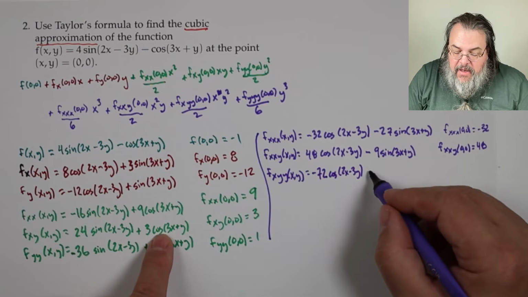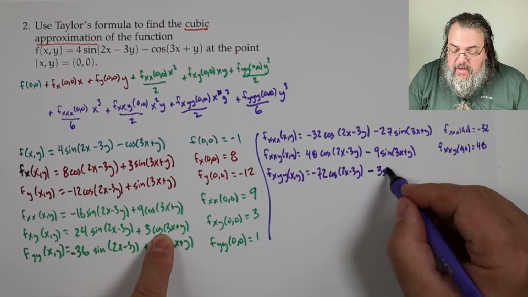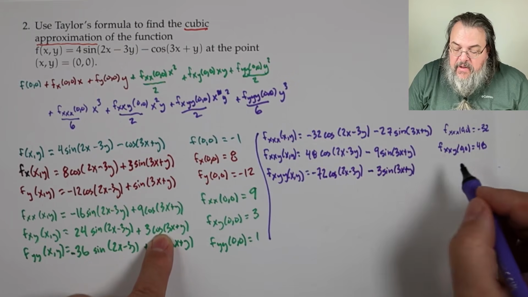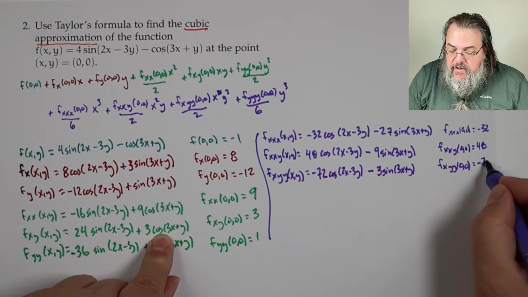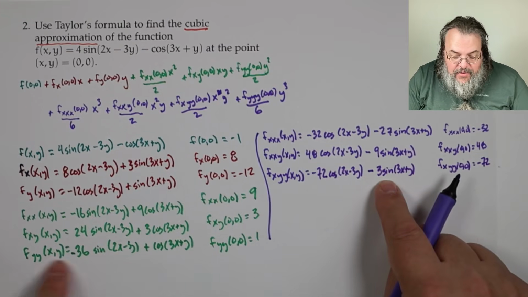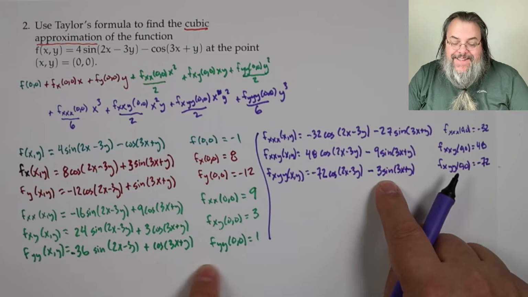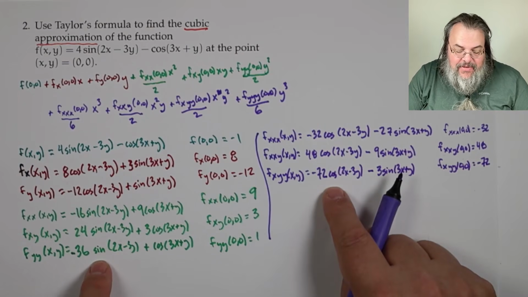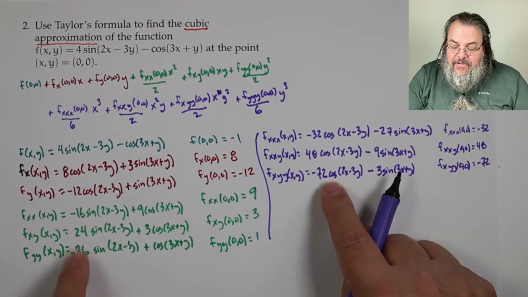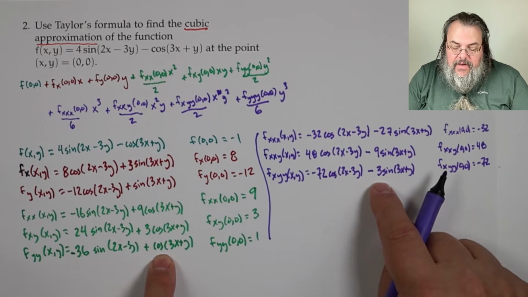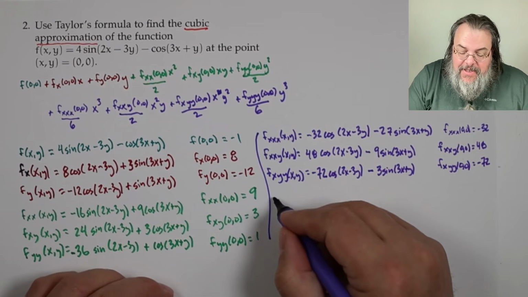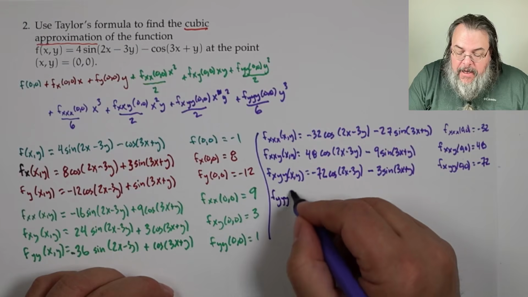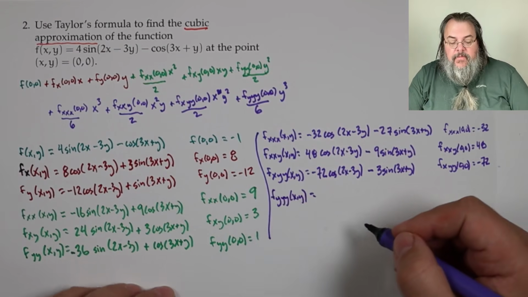And so we'll get a minus 3 sine(3x plus y), meaning f_xyy at (0,0) is negative 72. We could have also come to here, taking derivative of this with respect to x. Notice here, derivative of sine is cosine, and a 2 comes out, giving negative 72. Derivative of cosine is negative sine. Derivative of the inside is 3, so we get a negative 3. There's consistency. That's good.